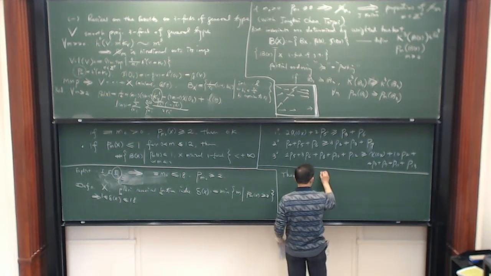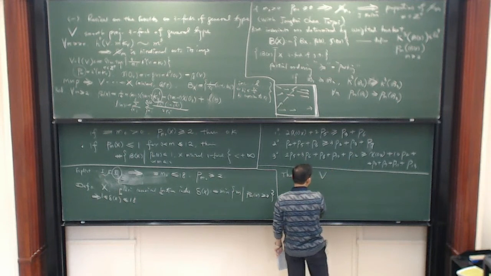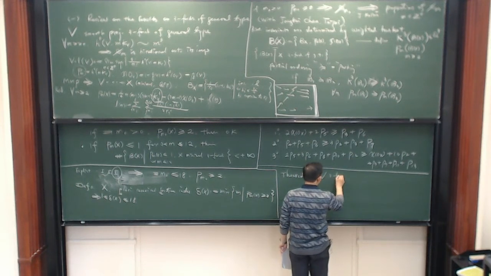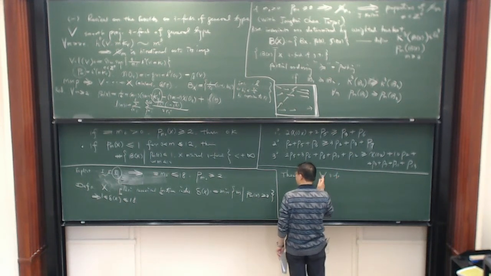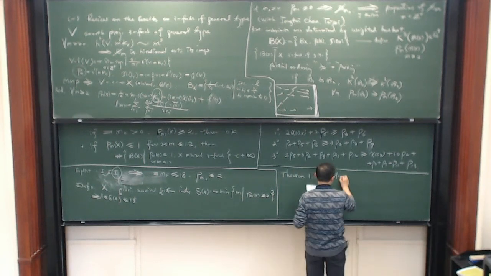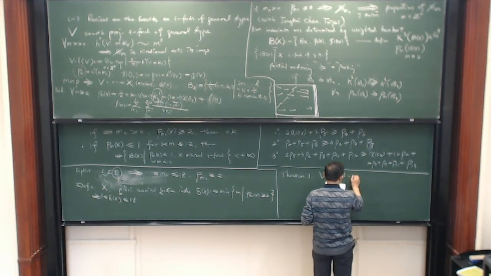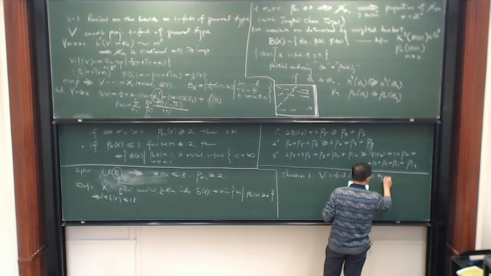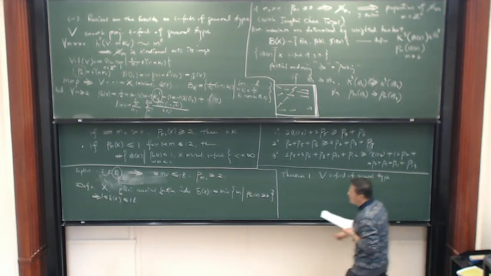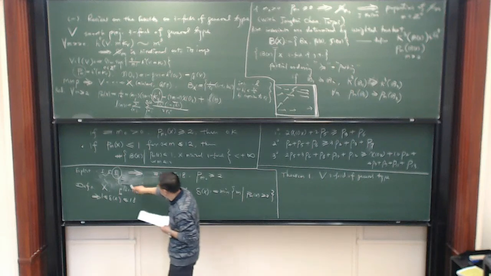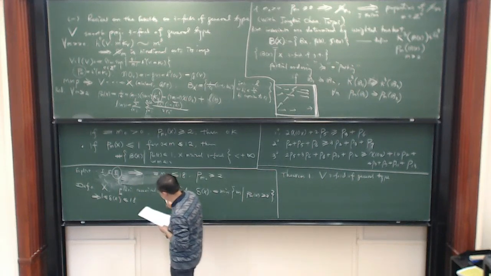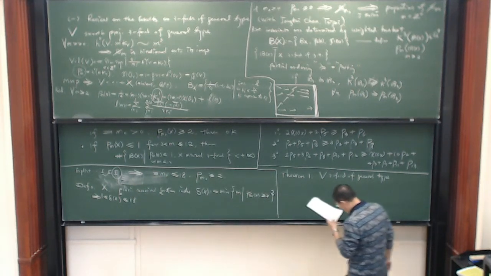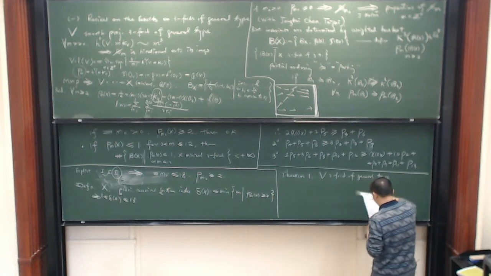Say V is a threefold of general type. V is always assumed to be a non-singular projective threefold of general type. The PS index is of course a birational invariant.